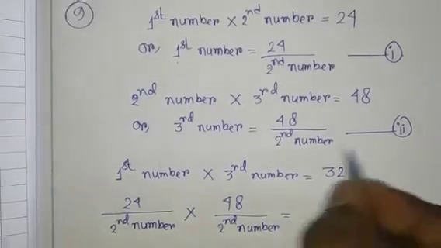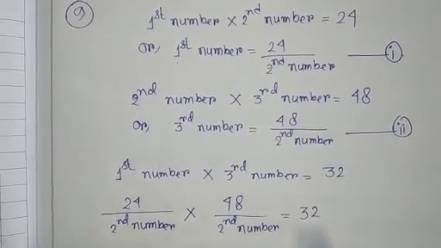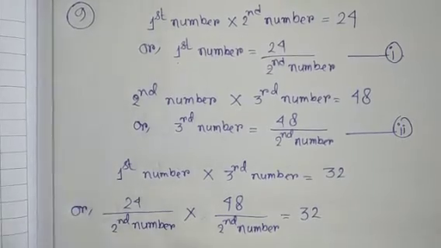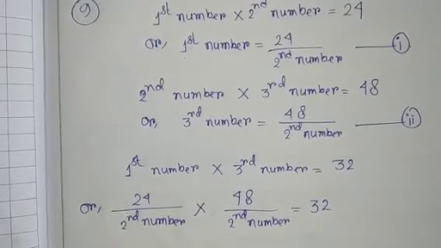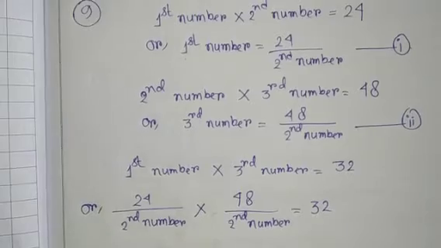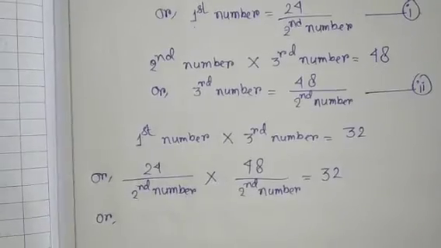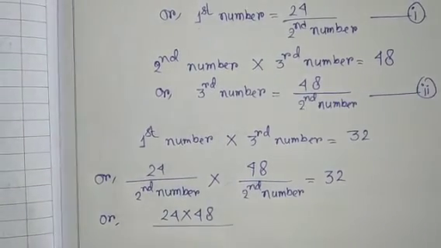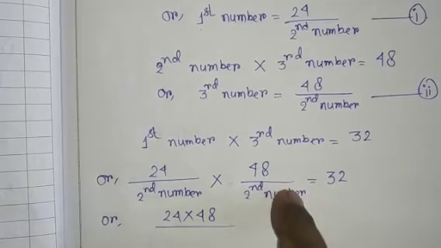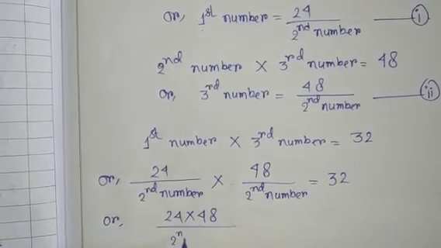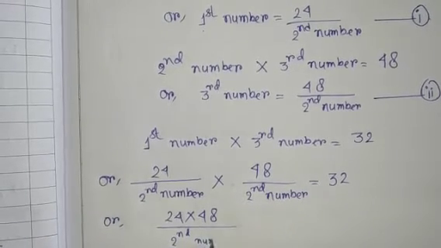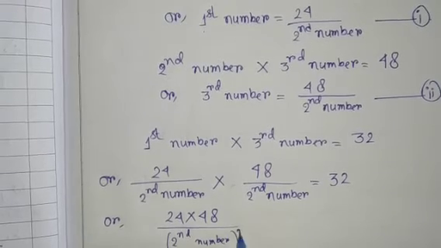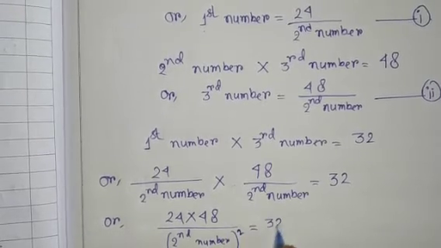And it was equal to 32. I'm keeping this the same. Now look, I think it is clear now. In the numerator part, what is there? 24 into 48. And in the denominator part, second number is multiplied twice. That means we can write second number square, which is equal to 32.